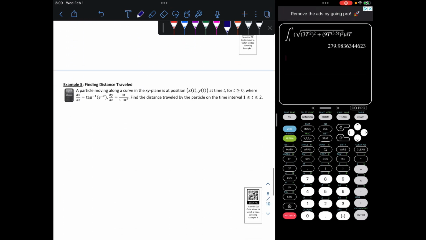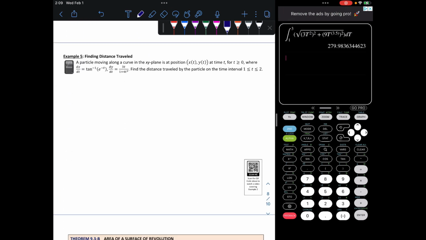Question 5, find distance traveled. Again, we know that just means the exact same thing. A particle moving along a curve in the xy plane is at position (x, y), and dx/dt and dy/dt are given. Find the distance traveled by the particle on the time interval 1 to 2.